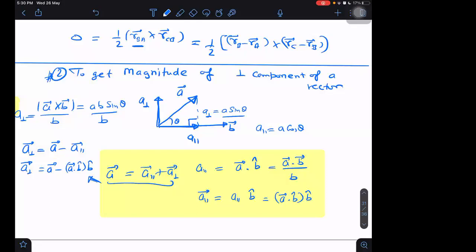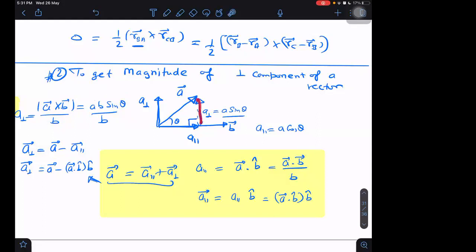A bar plus B bar by B. Okay. Into minus B cap, sir. What? Say it again. A bar plus B bar by B into minus B cap. Into minus B cap is wrong. Completely wrong. That is completely wrong. This vector is in which direction? It is perpendicular to the B direction.